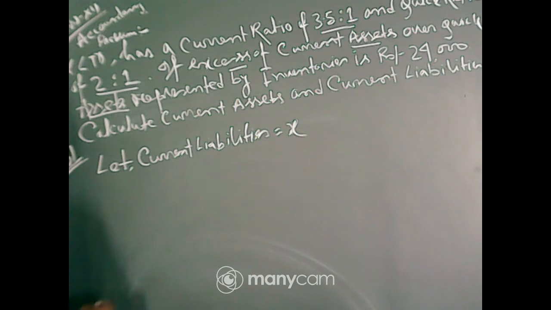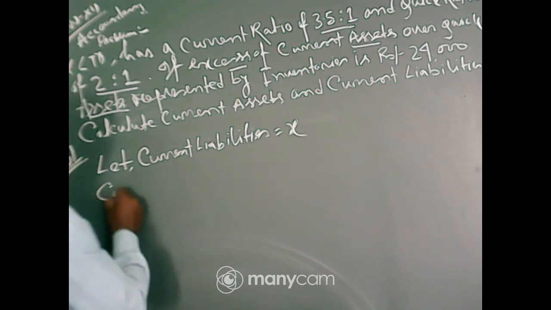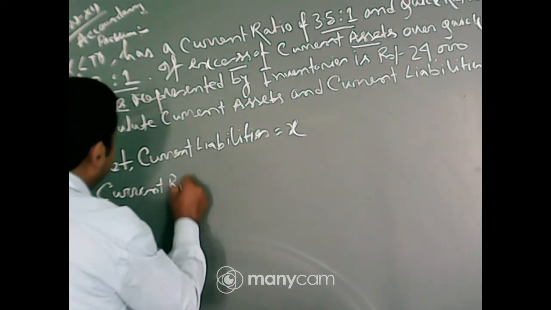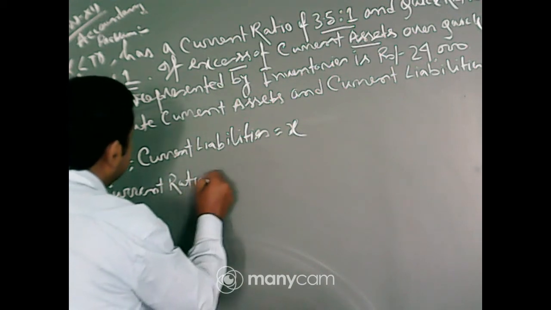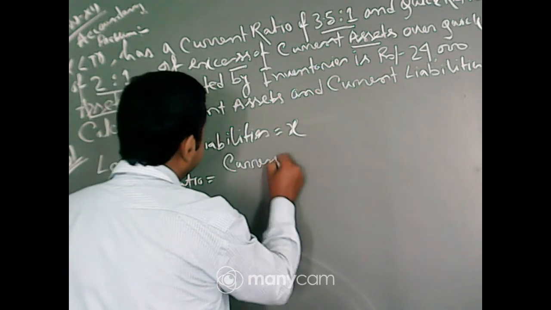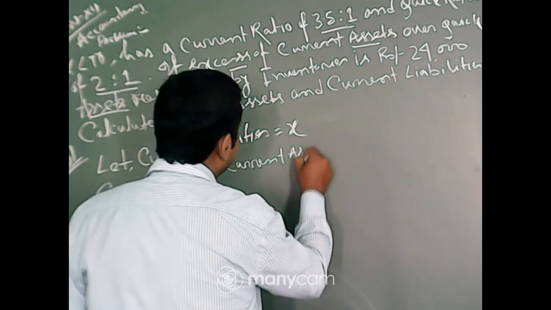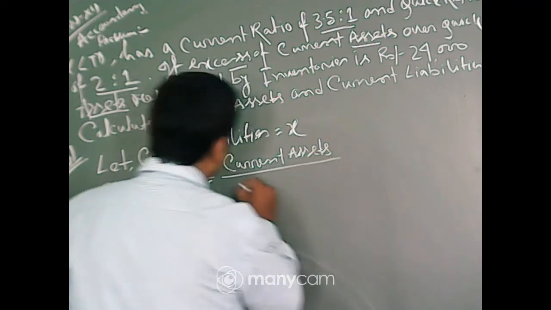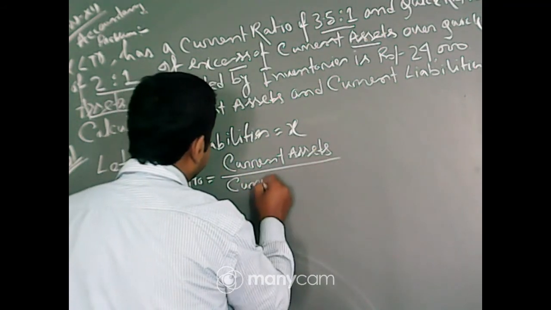Now here current ratio is already given. What is the formula of current ratio? You know already: current ratio equals current assets by current liabilities.